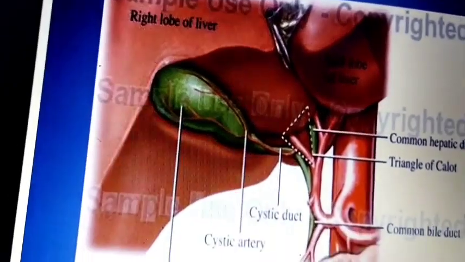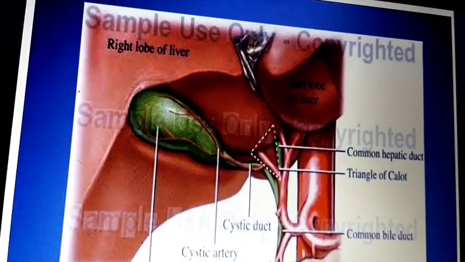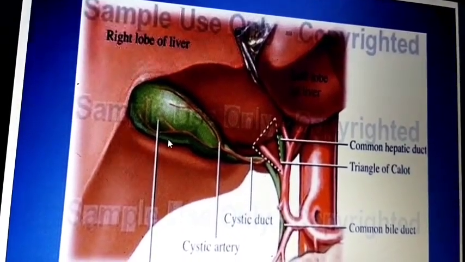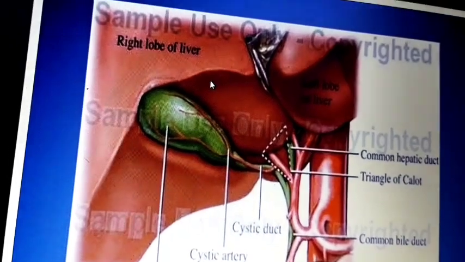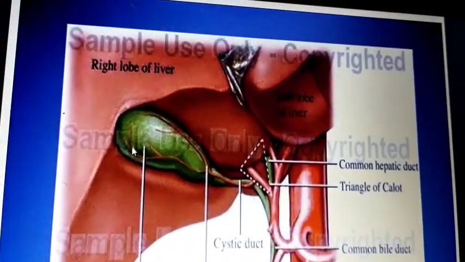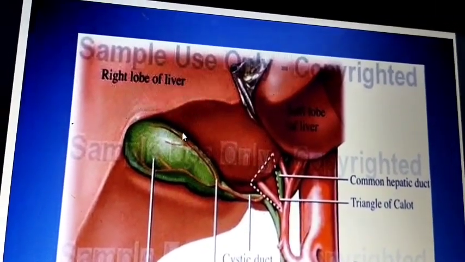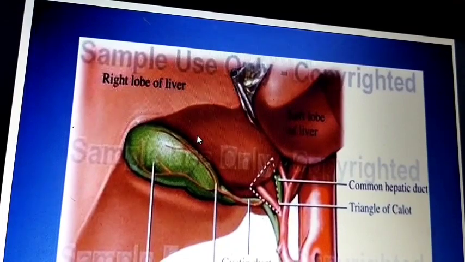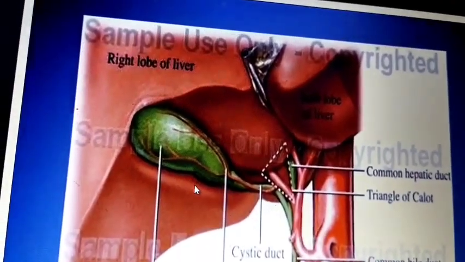Can I go for the next slide? Where is it present? It is present in the fossa for the gallbladder. There is one fossa formed in the liver where the gallbladder is situated or seated, just below or just under the surface of the liver.